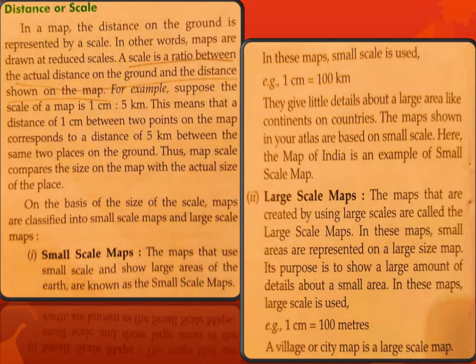In these maps, small areas are represented on a large size map, and the purpose of these maps is to show a large amount of detail about a small area. In these maps, a large scale is used, like 1 centimeter equal to 100 meters. A village or city map is a large scale map.